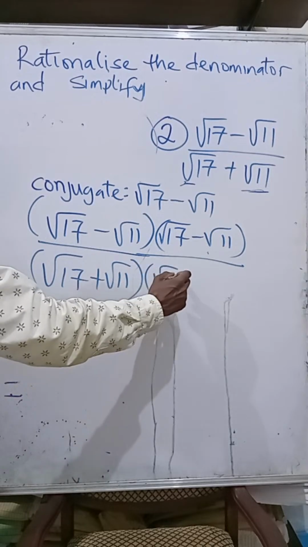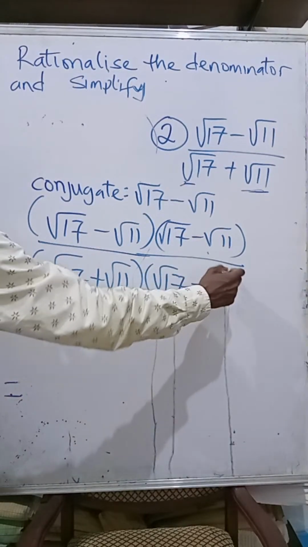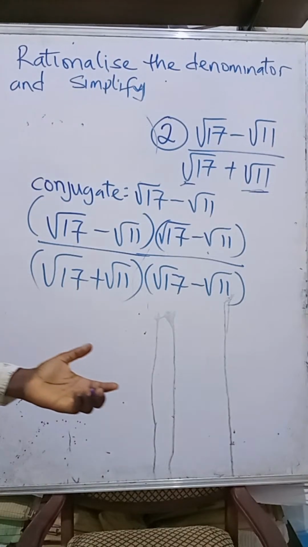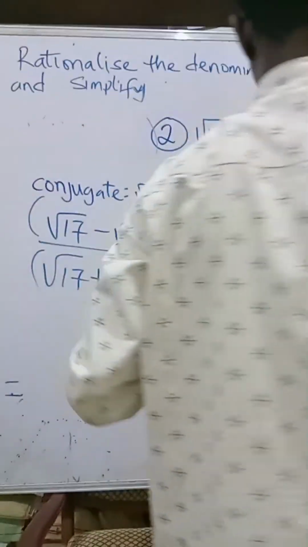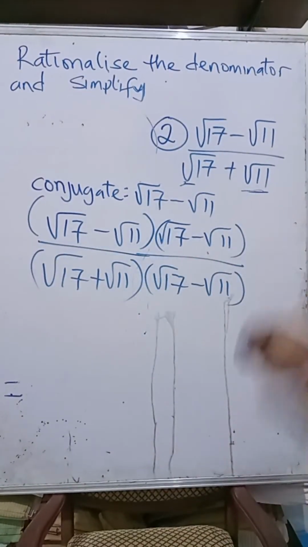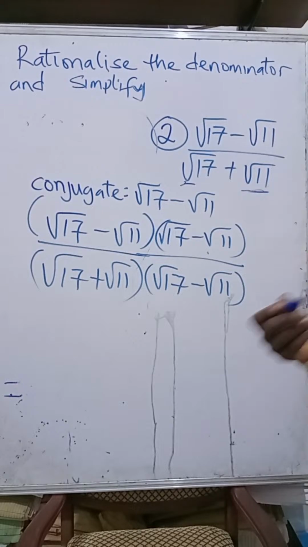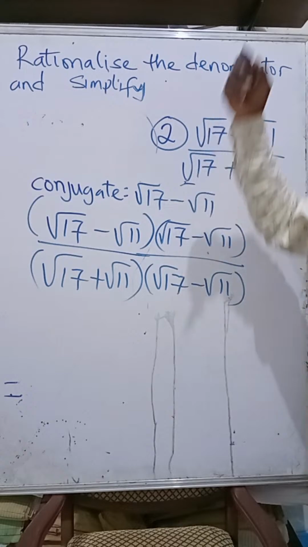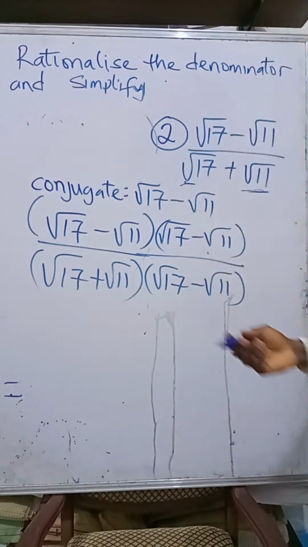Why are we doing that? We don't want a root at the denominator, and that is the bone of contention for rationalizing the denominator. We don't want an irrational number.